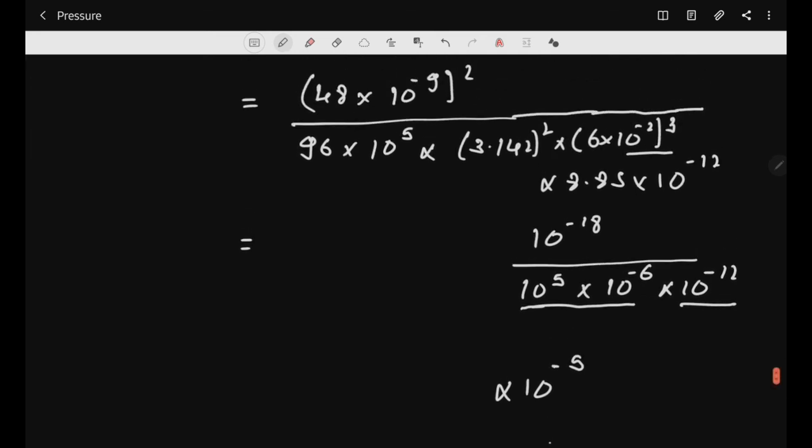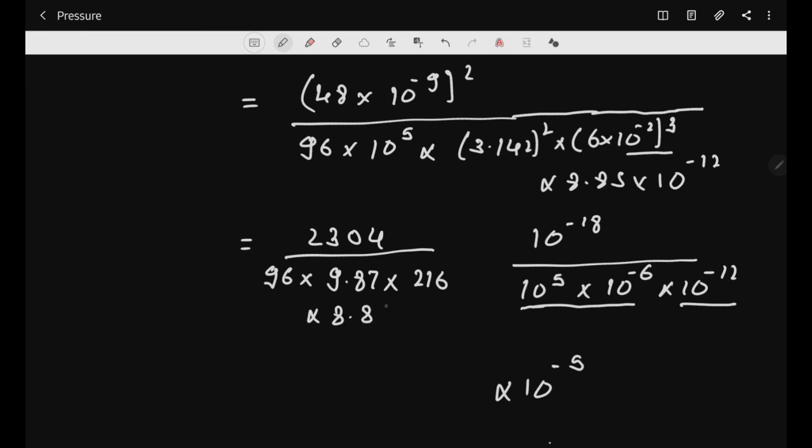Now let us check the numbers. We have 48 square, that means 48 into 48 will give 2304, divided by 96 into 3.142 square, that is 9.87, and then we have 6 cube, that is 216, and we have 8.85.